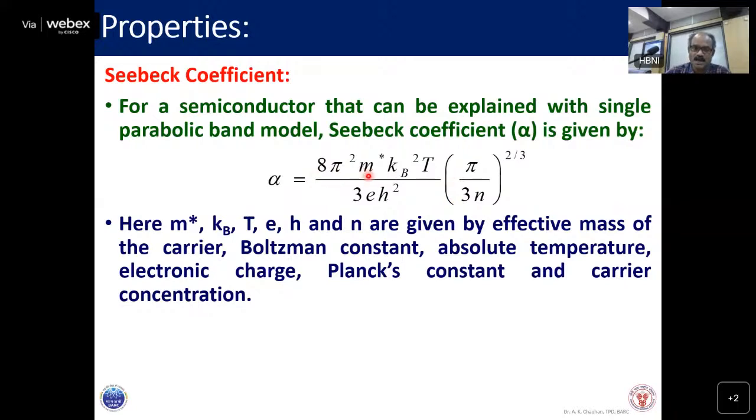What are these? m* is the effective mass, which we saw in the second lecture. k_B is the Boltzmann constant, T is the absolute temperature, e is the charge, and h is Planck's constant. These are all constants. So if you need a good material, these parameters are basically material dependent parameters.